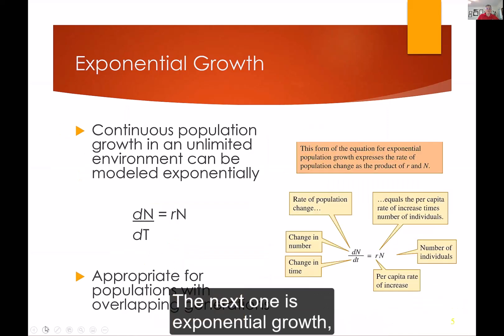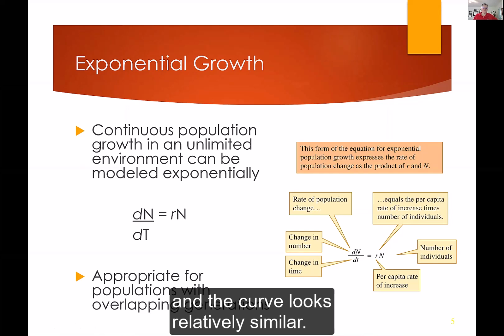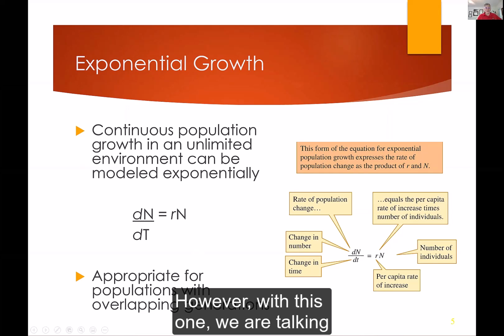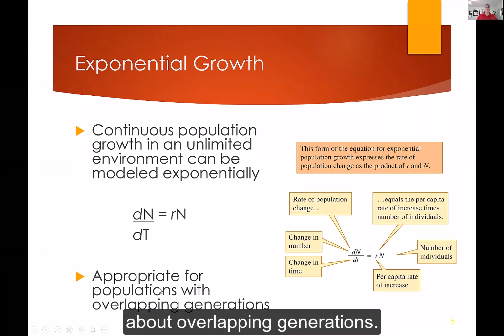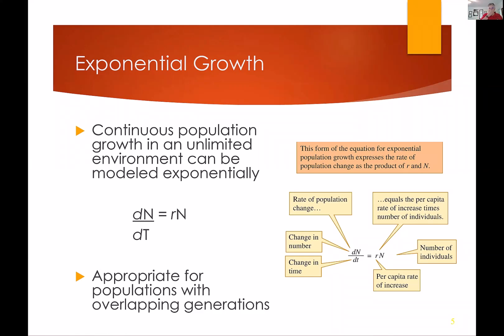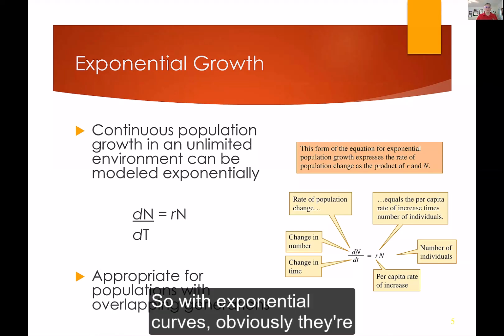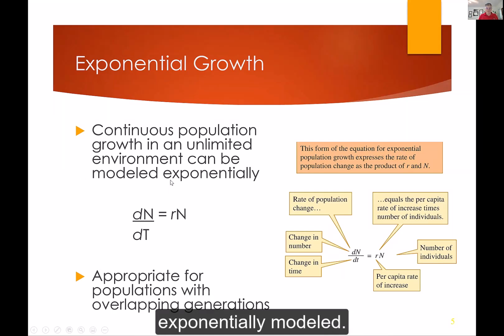The next one is exponential growth, and the curve looks relatively similar. However, with this one, we are talking about overlapping generations. So with exponential curves, obviously they're exponentially modeled.